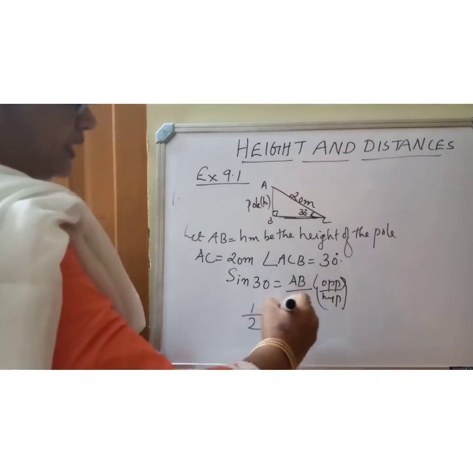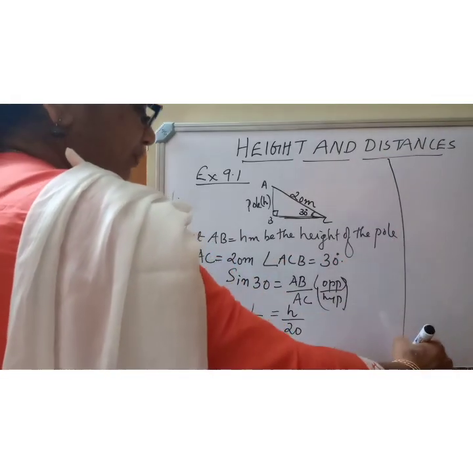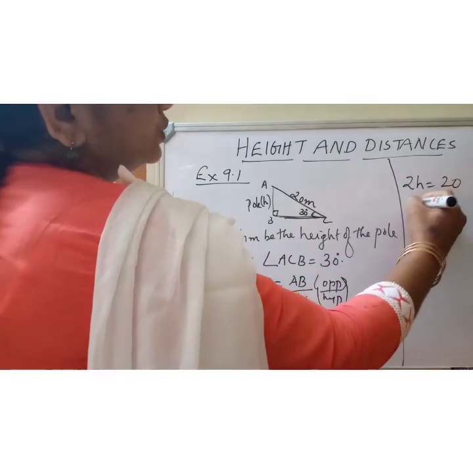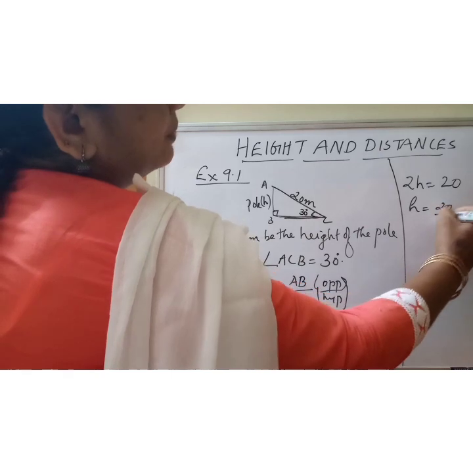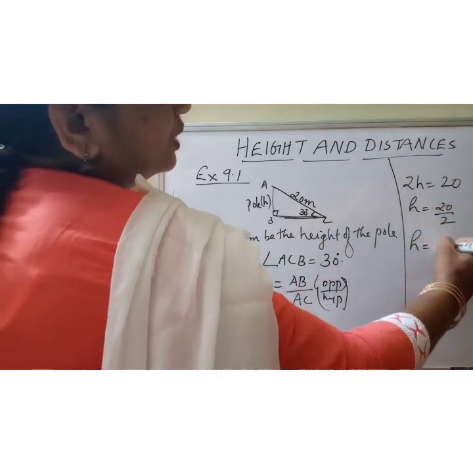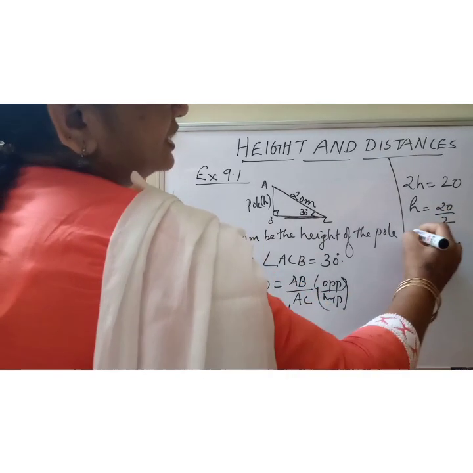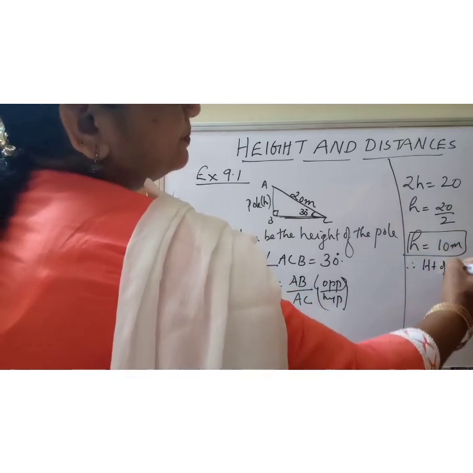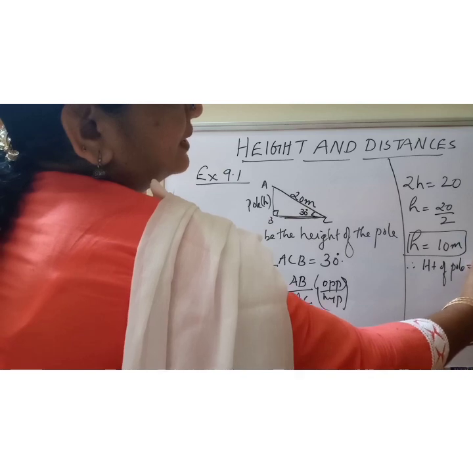Cross multiply it, children. We will get 2h is equal to 20. So h is equal to 20 divided by 2, that is h is equal to 10 meter. Therefore, the height of the pole is 10 meter.